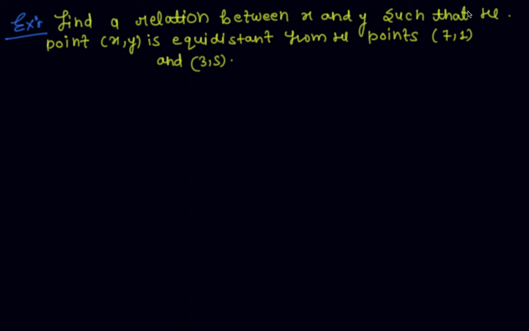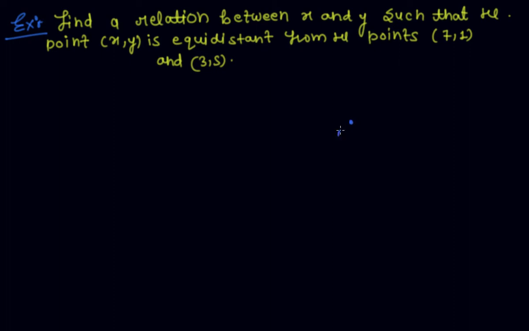Now I take an example: find the relation between x and y such that the point (x, y) is equidistant from the points (7, 1) and (3, 5).